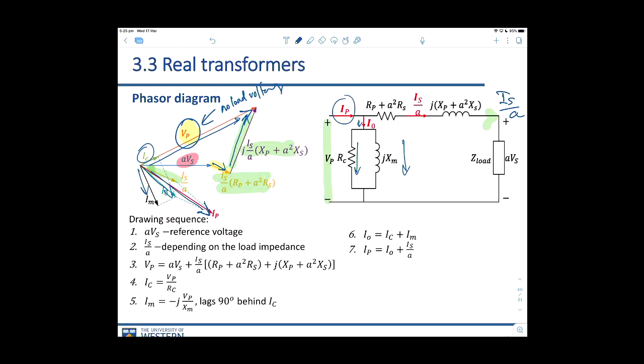So you should be able to draw this phasor diagram without having to look at it. You should know the equivalent circuit for a transformer, and you should be able to draw this circuit without having to look.